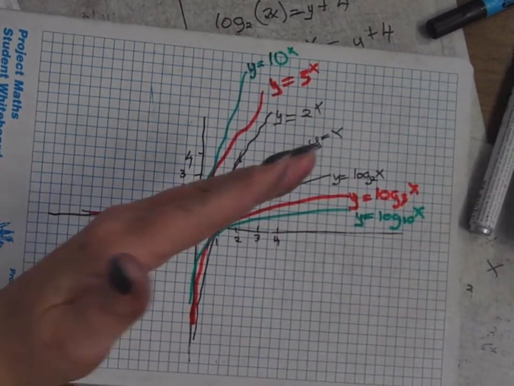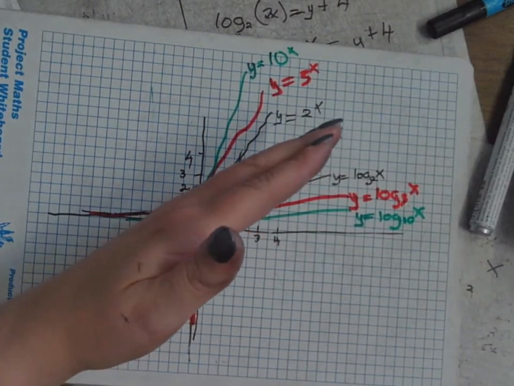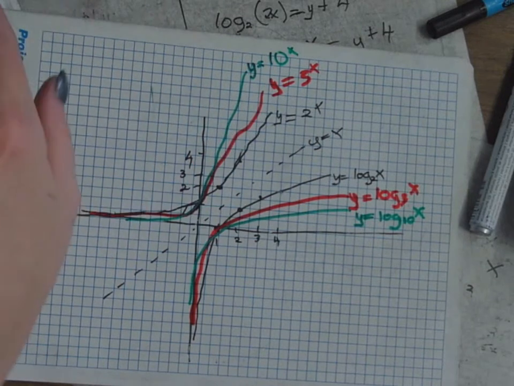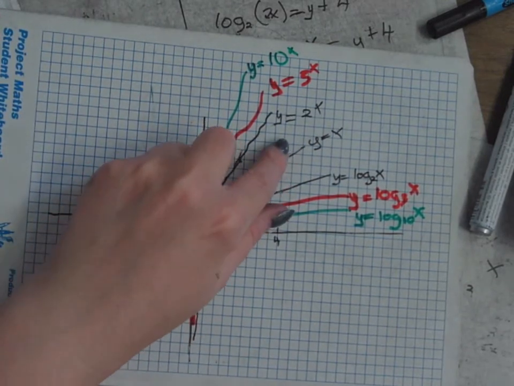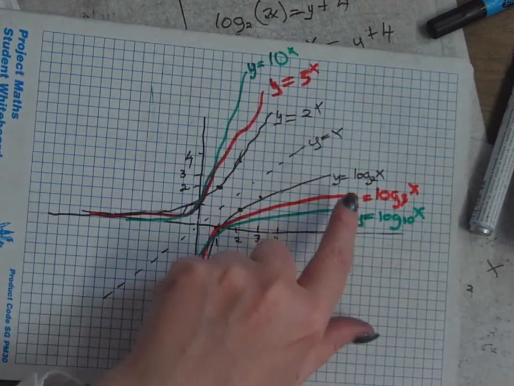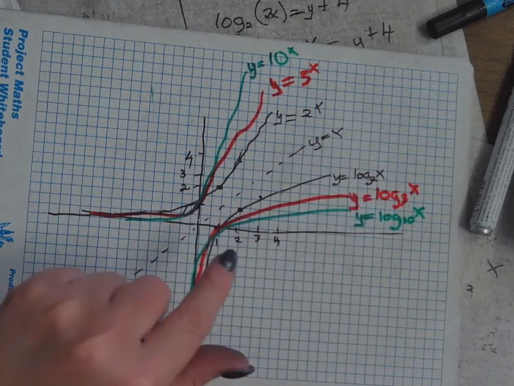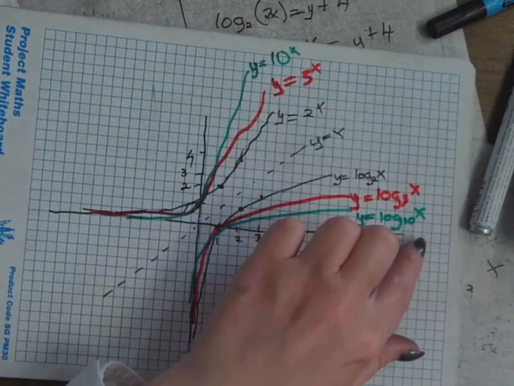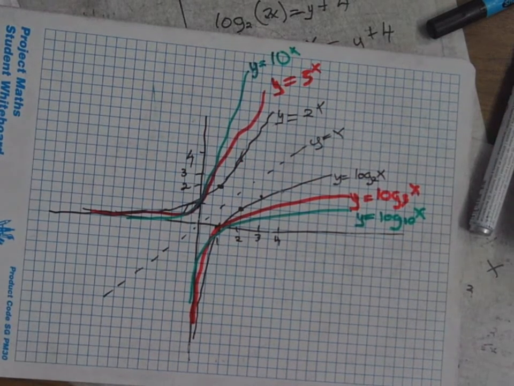And it's the mirror image, or axial symmetry, in the line y equals x of the corresponding index. So y equals 2 to the power of x, y equals log of x to the base 2 is the mirror image of it. Y equals 3 to the power of x, y equals log of x to the base 3 is the mirror image. Is that okay? That's all you need to know about log graphs. Are we okay with them?